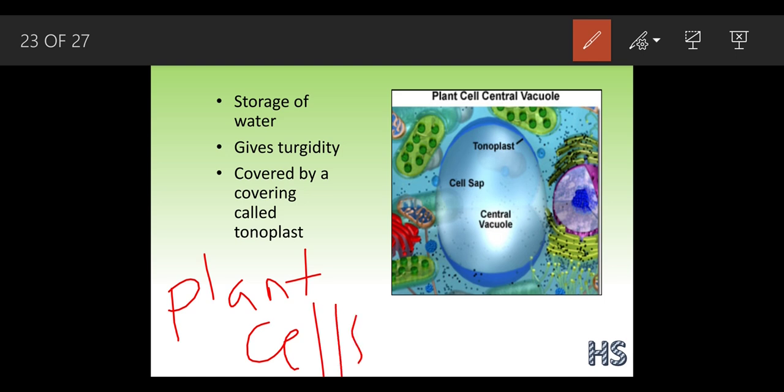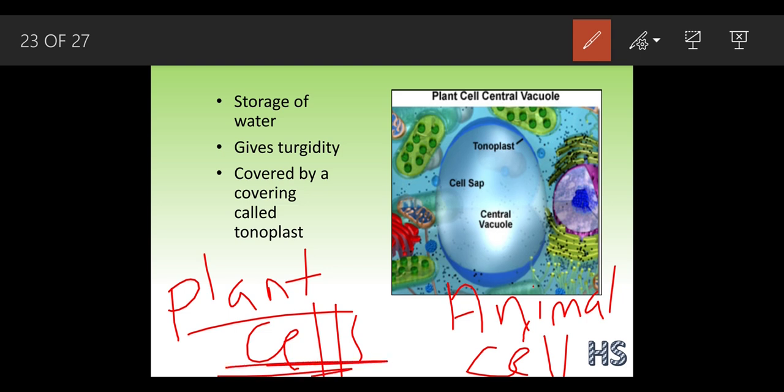Because they have to hold a lot of liquid and mineral salt so that it can supply to the stem and leaves. But these vacuoles are quite small in animal cells because they do not have to store up the water, but the plant's cells have to store up the water for photosynthesis also.